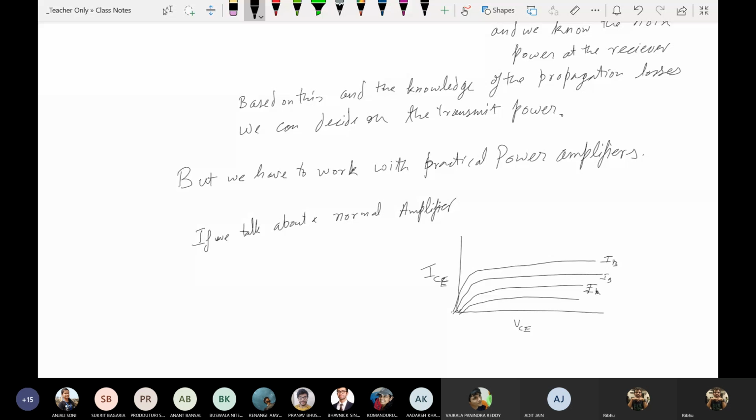So now, in case of a communication signal, what we have stressed upon multiple times is that we want the signal intact.